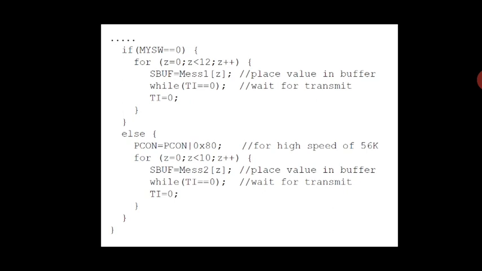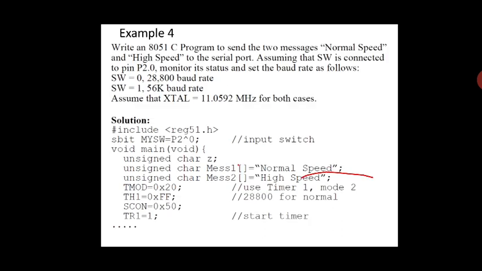Now if I say MES1 in the bracket Z, what is the value of Z? Z is equal to 0, so MES1 of 0. Each character is stored in an index, the MES1 index value. N will be stored in the 0th index of MES1, O in the 1st index.